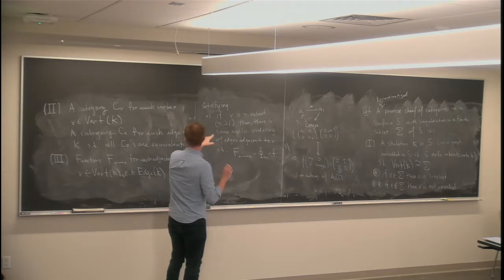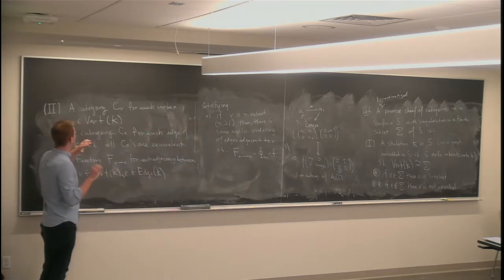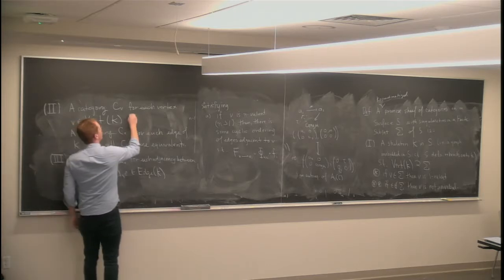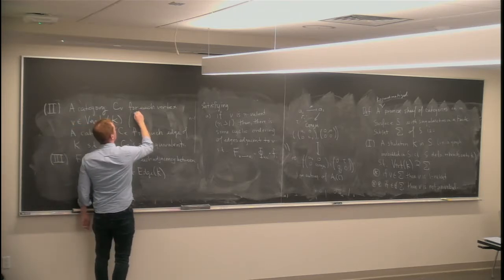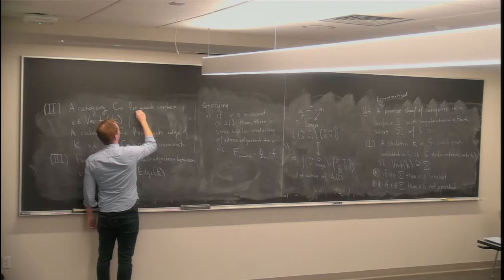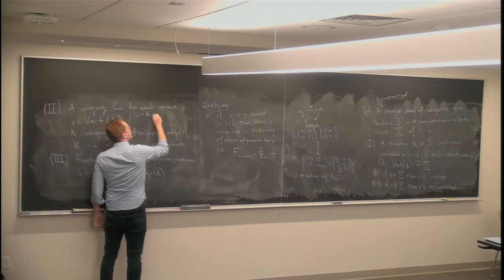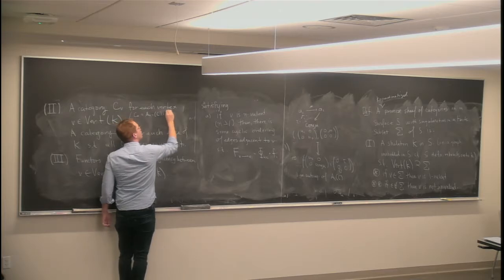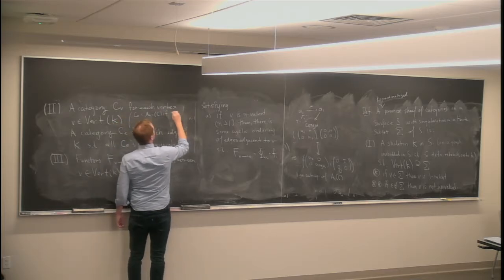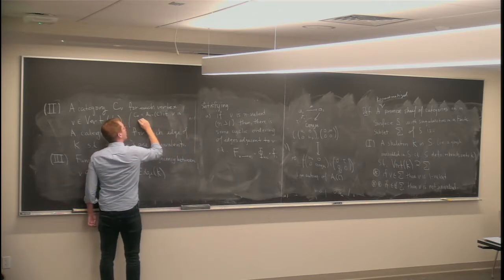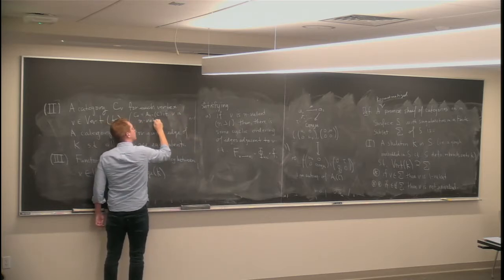Okay, I forgot a condition, I'm really sorry. The condition is that C_V is equal to A_{n-1} C if B is n-valent.